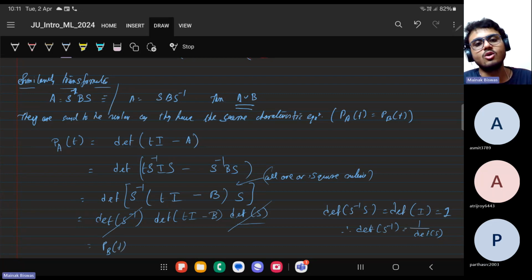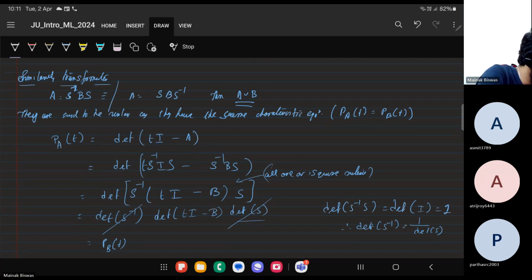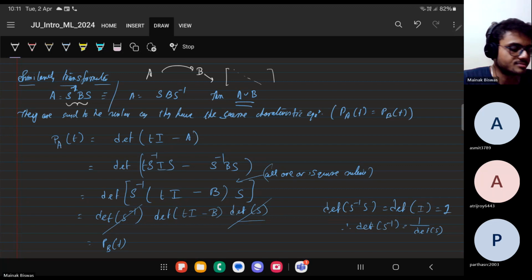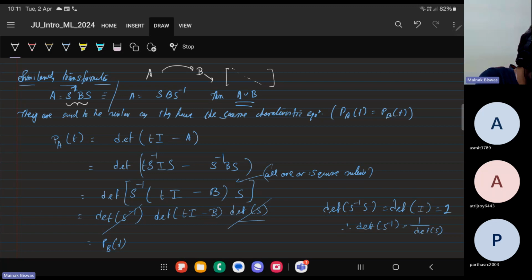So this helps me do all my questions simply, because if I know a transformation from A to B, and B is some diagonal matrix d1, d2, dot dot dot, dn, then I can directly tell that the eigenvalues of A are the same as d1, d2, dn.